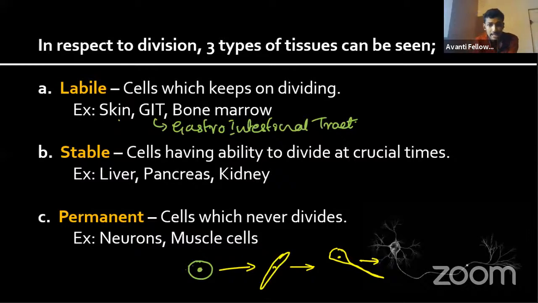I'm telling you, right? The cells which never divide are the adult neuron and muscle cells. Remember, adult neuron and muscle cells, not all the neurons and muscle cells. If that is the case, then how do the cells come in the first place? You can imagine that in the adult cells, these will not get divided.